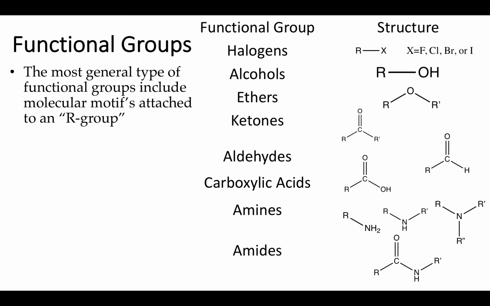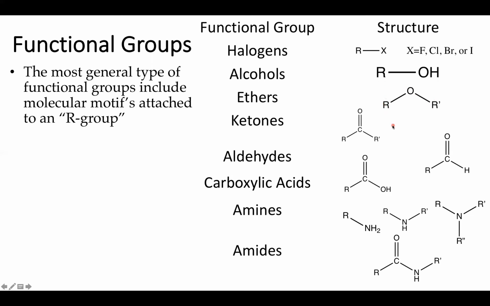And just as a quick notation for how we represent functional groups. What we're really looking at is various atoms, whether they're halogens, alcohols, or whatnot, attached to an organic molecule. And so the functional group is going to be what we're really showing here. However, you may notice there's something called an R group here.